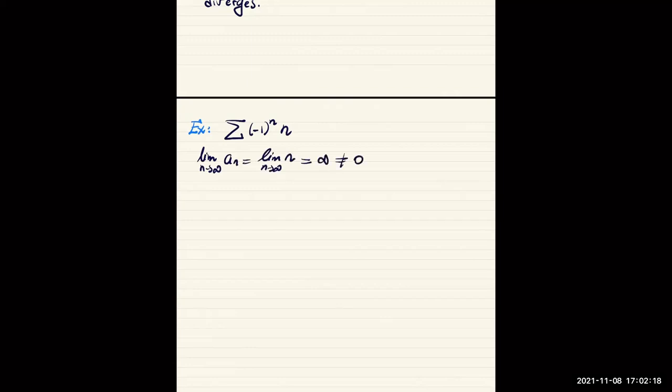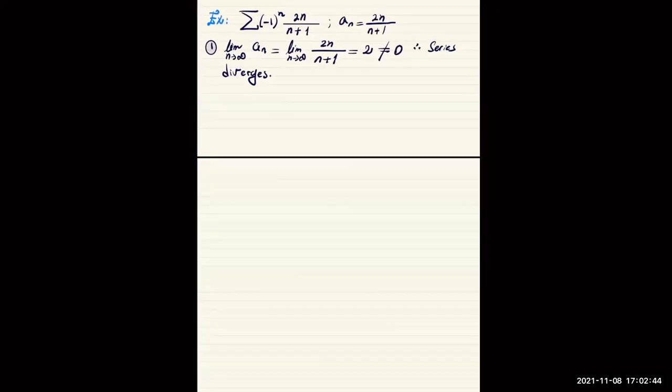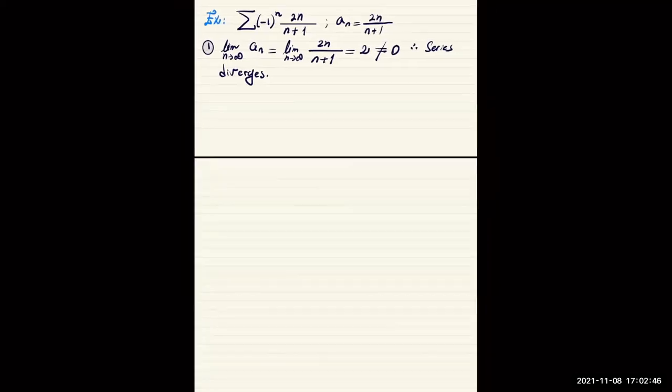That is not equal to 0, so we are done with that. And also this a sub n equal to n is increasing. If it's increasing, the partial sums are going to diverge. It's just going to go to infinity. Anyway, this is not a great example. It's so obvious. But we're going to do more.